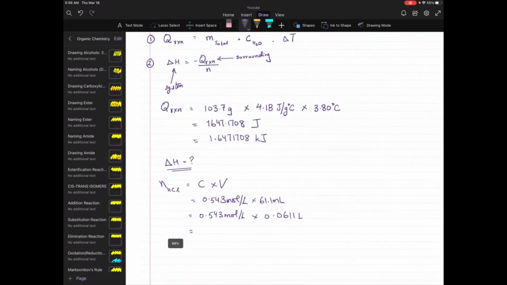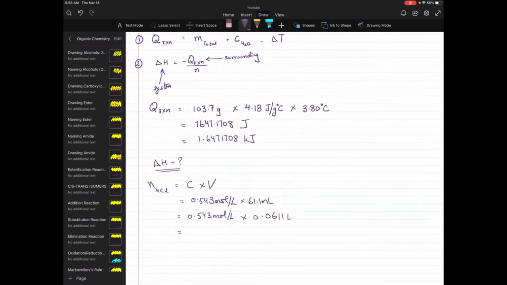Okay, so let's continue the calculation. So 0.543 times 0.0611. And that gives us a value of 0.0331773 moles.